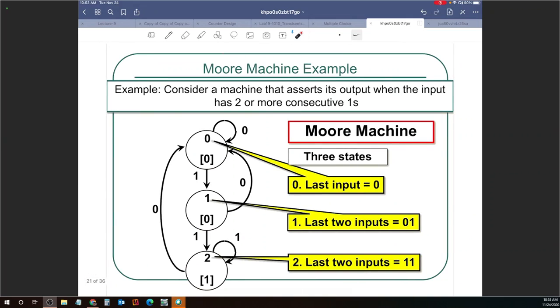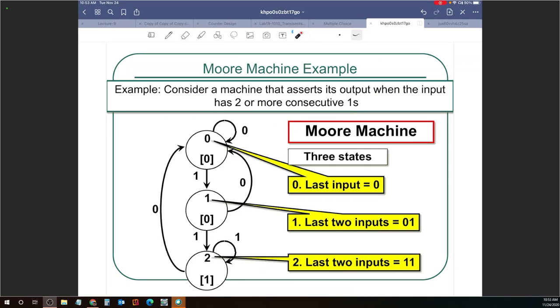To do that, we will consider a Moore machine first, and then we will try to design a finite state machine for the same application, but as a Mealy design. So first we'll start with Moore, and we'll see what the example is over here. We are going to consider a machine that asserts its output when the input has 2 or more consecutive ones.